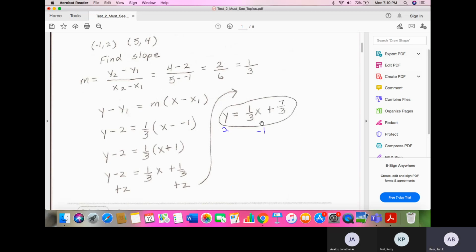If I put -1 in for x, I get 1/3 times -1, which is -1/3, plus 7/3. -1/3 plus 7/3 is -1 plus 7, which is positive 6/3, and 6/3 reduces to 2. So I see that this first point satisfies my equation. So I have a warm and fuzzy that I've got the correct equation. You could also check this one as well, if you wish.